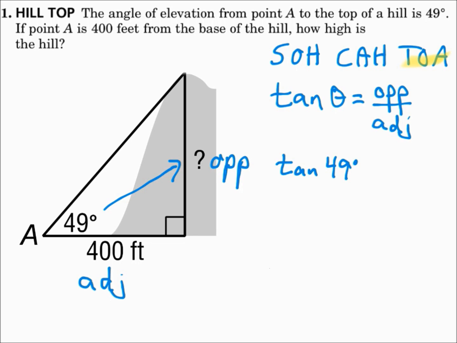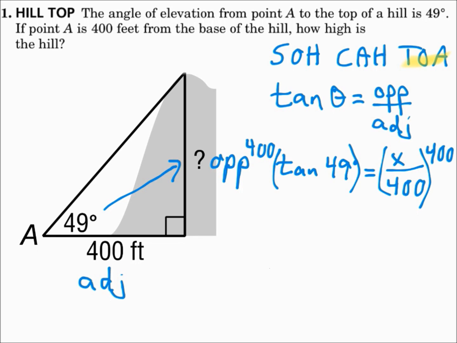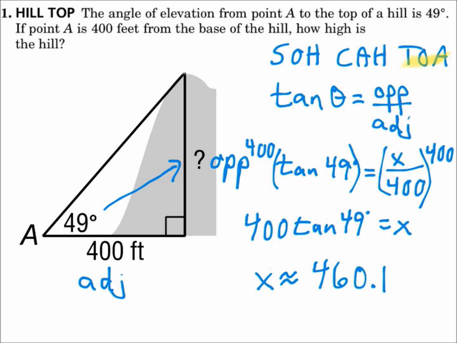Theta is 49 degrees, opposite is x, and adjacent is 400. That's x divided by 400, so let's multiply both sides by 400 to get the x by itself. So 400 times tangent 49 equals x. When you punch that in, x is approximately 460.1 feet.